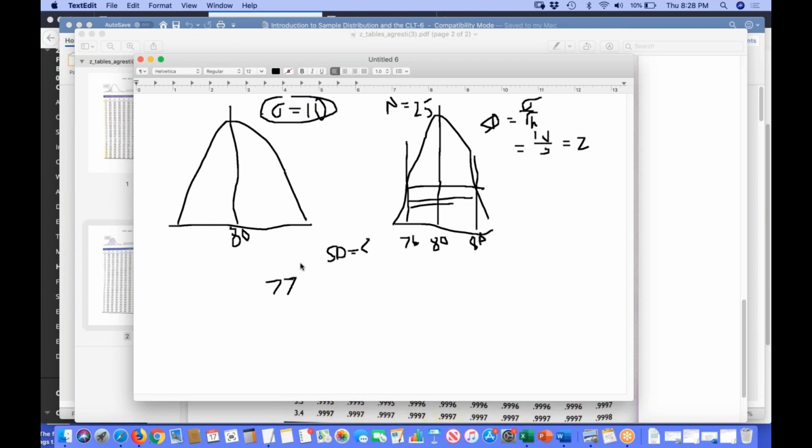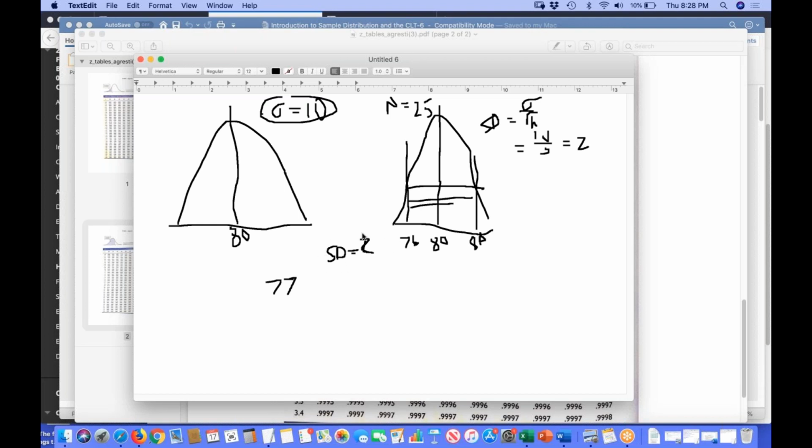So instead of saying that 77 is the actual mean, let's assume that this is going to be a range for me. Since my standard deviation is equal to 2, let's say the mean is close to that. However, I can't really be sure that the mean is 77, because I have a distribution of sample means with this amount of variability.